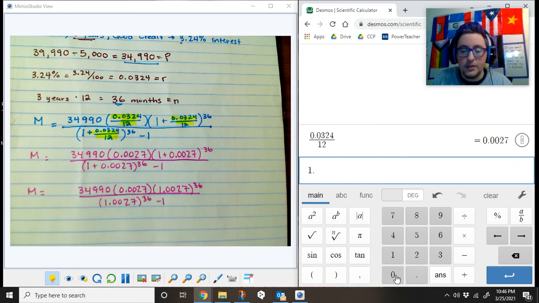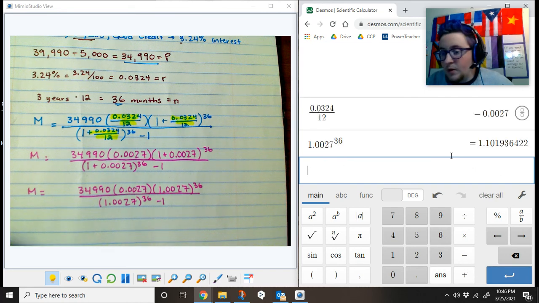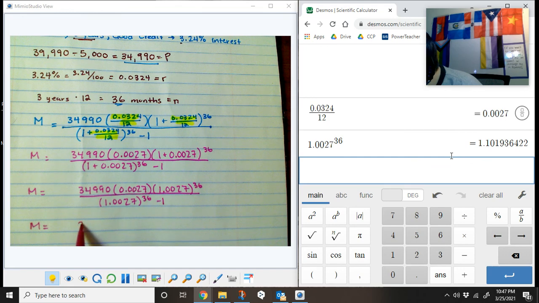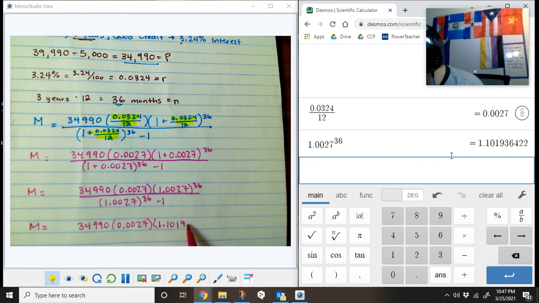So 1.0027 raised to the 36th power is 1.101936422. Now, I'm going to actually write all of that just because I want my answer to be as accurate as possible. So it's 1.101936422. And it's the same on the bottom. 1.101936422 minus 1.